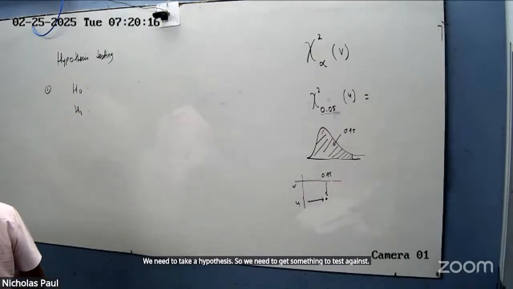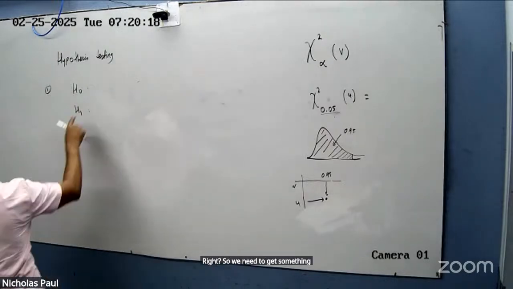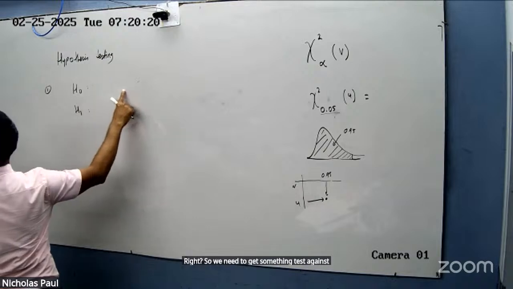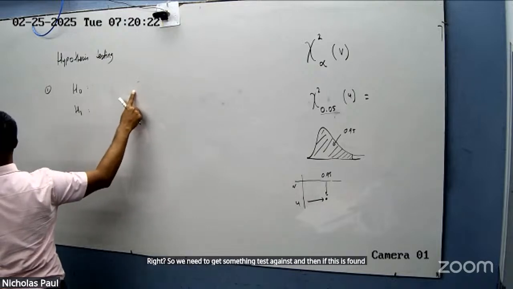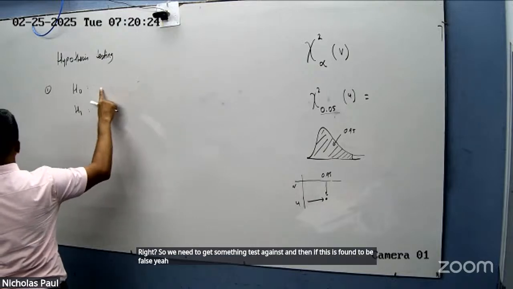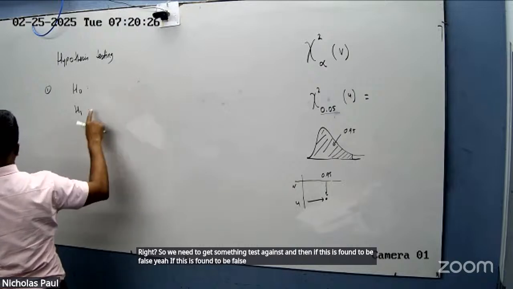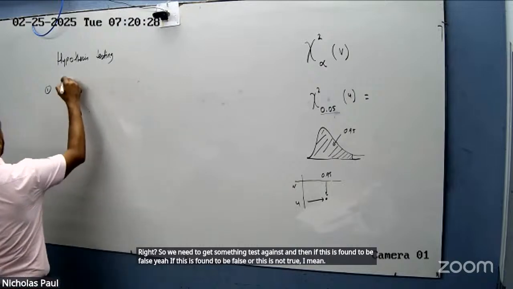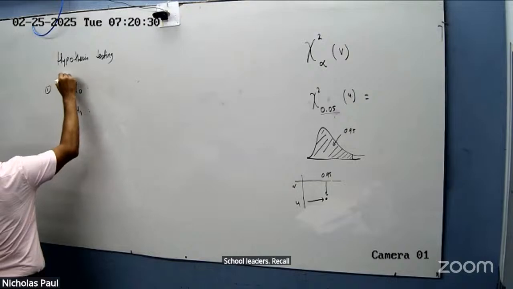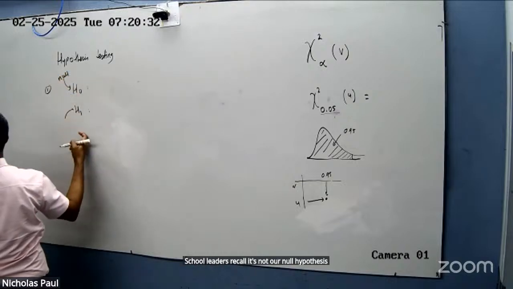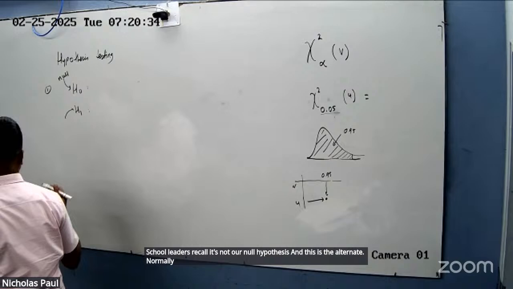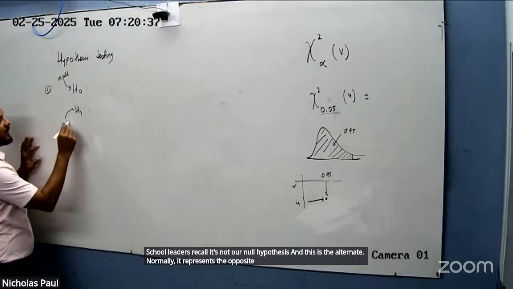And if this is found to be false, or this is not true, then we go with this. We call H0 our null hypothesis, and this is the alternate. Normally it represents the opposite.